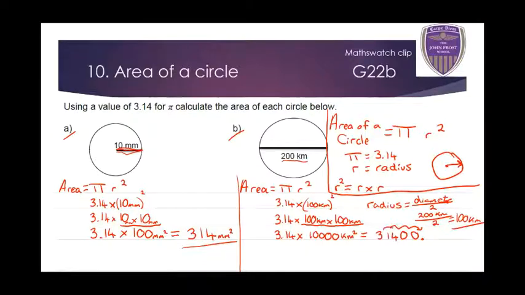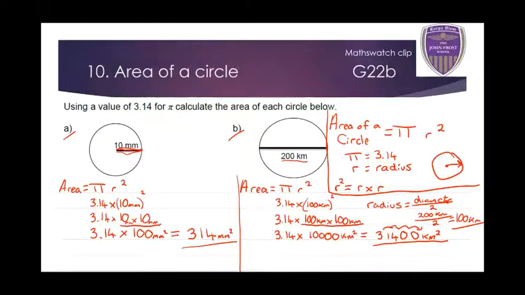Always get rid of the 3. We can get rid of this decimal point because it's at the end. 3.14 times 10,000 kilometers squared is equal to 31,400, and don't forget the units, kilometers squared. Okay, and that's our final answer for the area of the circle question B.